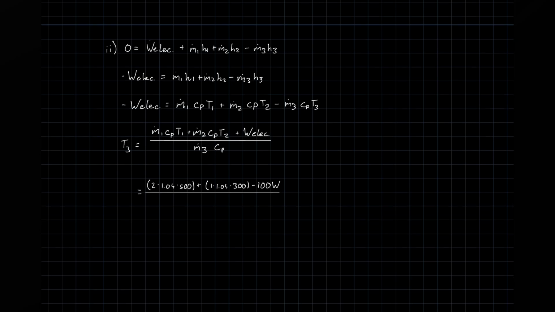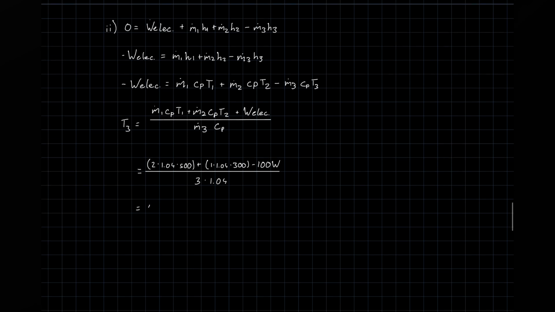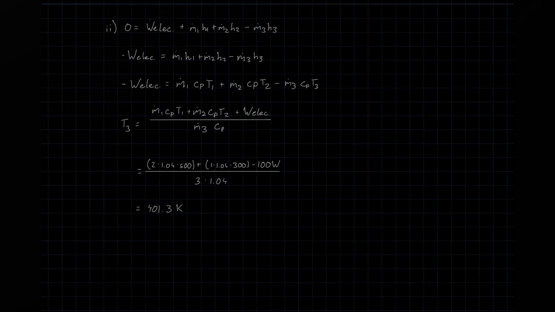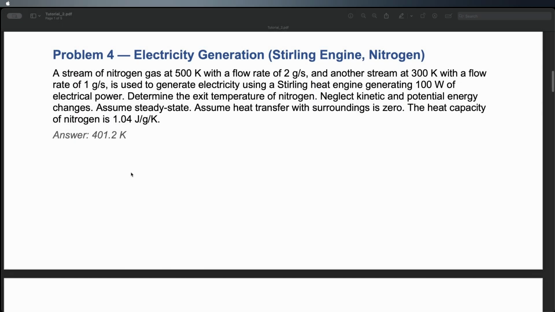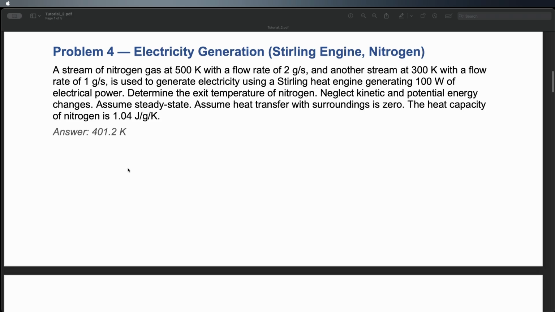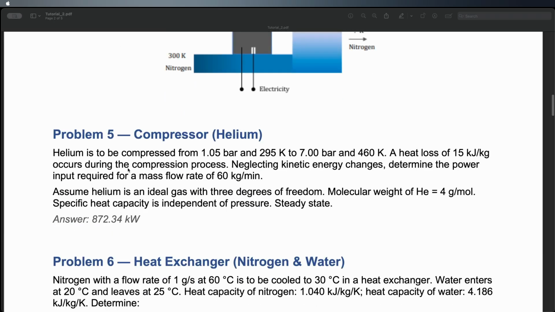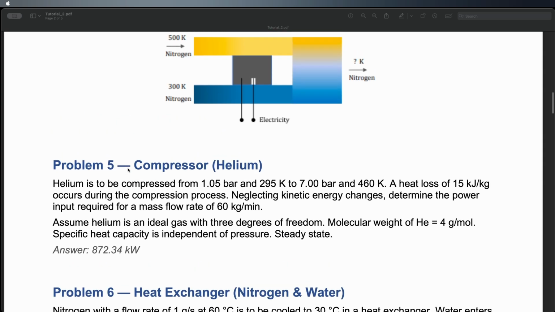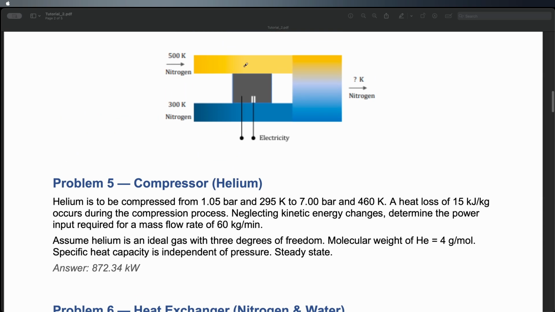And then we have our third flow of 3 times 1.04. So you plug this into your calculator and you should get a number of 401.3 Kelvin. Which, going back to the PDF, we seem to be 1 decimal point off once again. I'm probably making a rounding error somewhere. Oh, if you look at that, they gave us a nice little diagram. Well, I mean, it works either way.